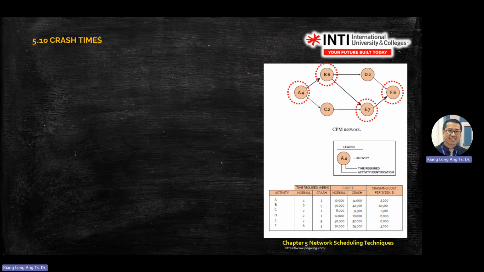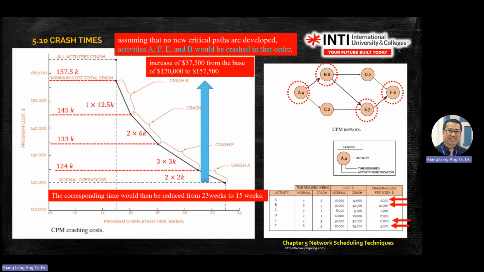So this is how you do it. The response time would be reduced from 23 weeks to 15 weeks. What does it mean? If everything goes smooth, you can guarantee that it can complete within 23 weeks, for example.